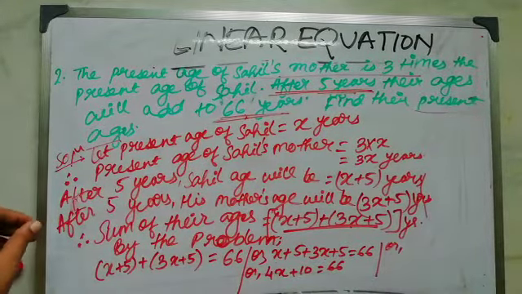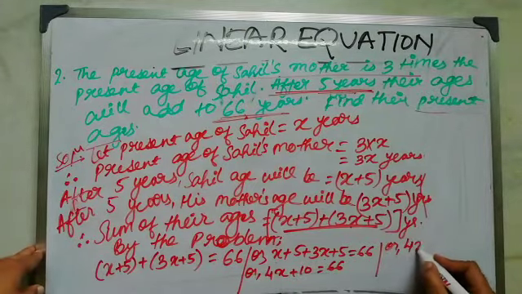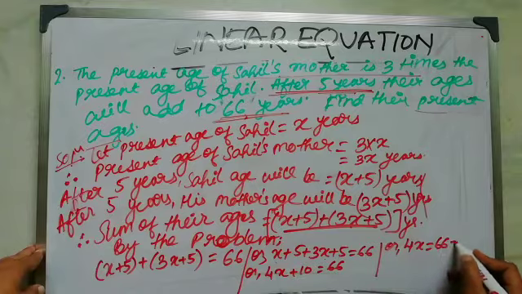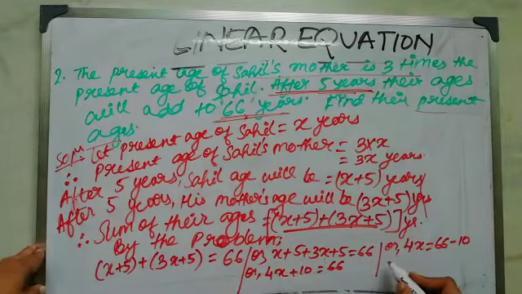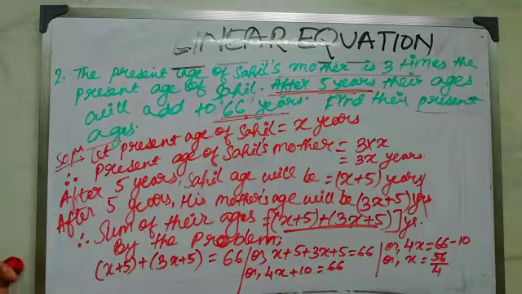Now see, this 4x is equal to 66 minus 10 using transposing, so x is equal to 56 by 4, clear?